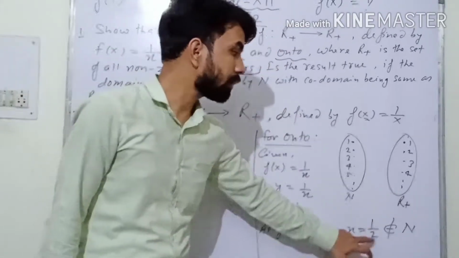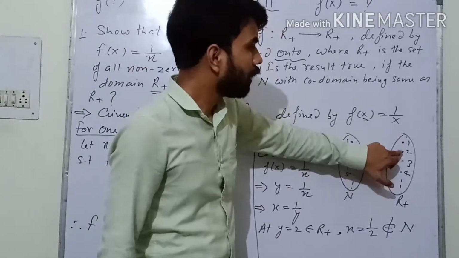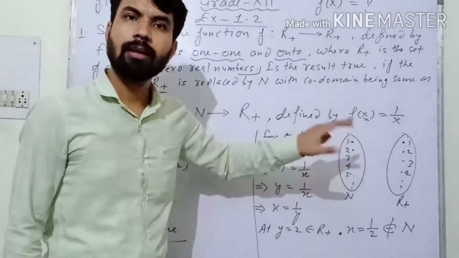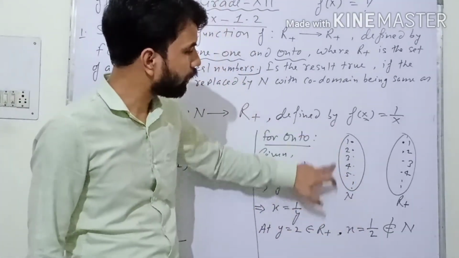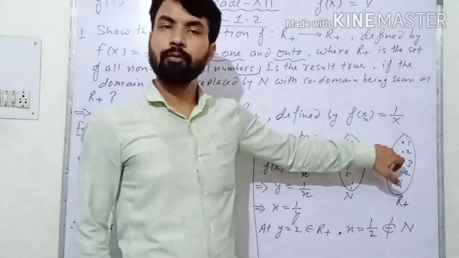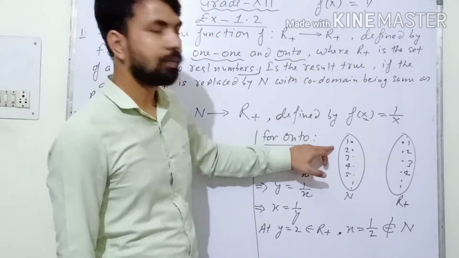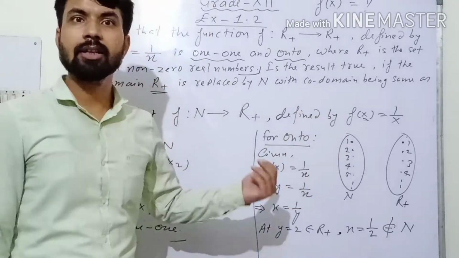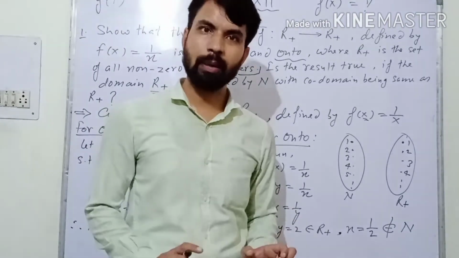So we can say that 2 is an element of the codomain whose pre-image you will not find in the domain, because the pre-image of 2 is 1/2, and 1/2 is not present here. That means we can say that 2 is an element of its codomain which is not having its pre-image in its domain. Clear? And if it is not having its pre-image in its domain, then we can say that it is not an onto function. Hope it is clear.